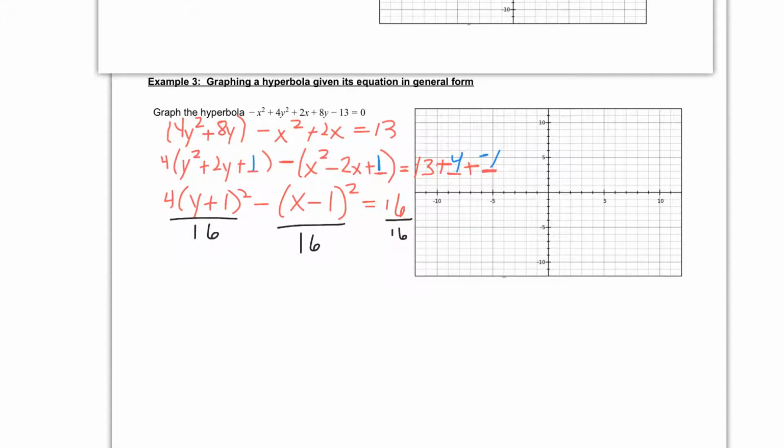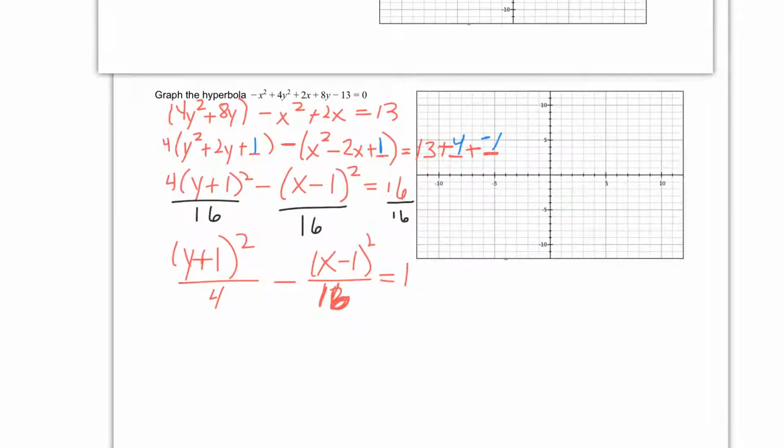So I end up with y plus 1 squared over 4 minus x minus 1 squared over 16 equal to 1. And from here I can graph it just like I graphed the other ones that I was working with today.